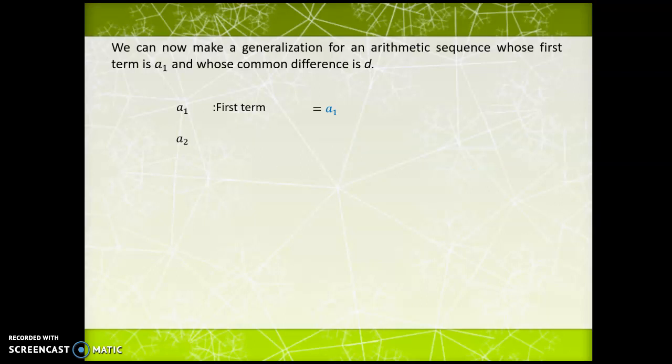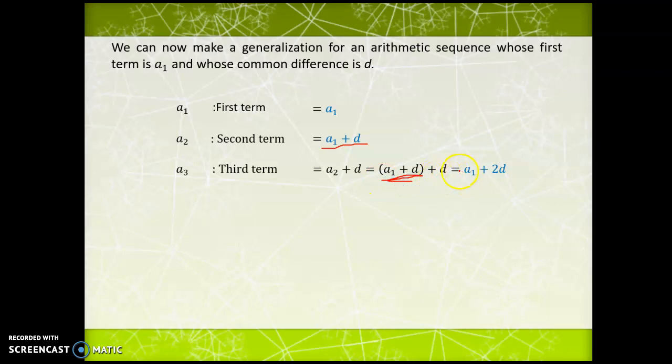Or here you can add another d to the second term. Then you may substitute. Okay, so the a sub 2 here is just from this one, right? That's why it's substituted here.